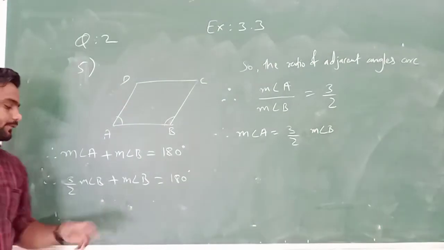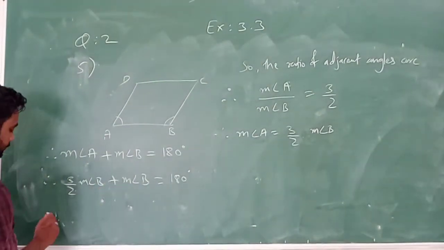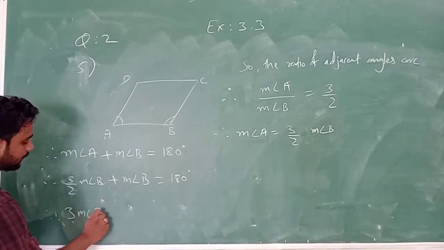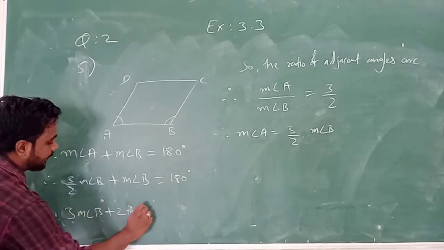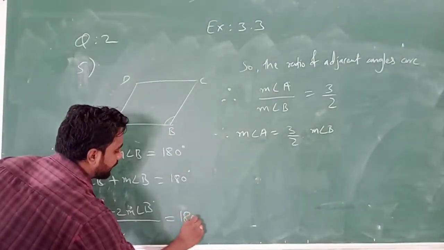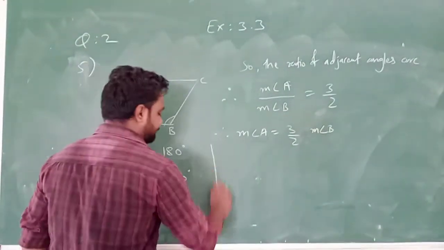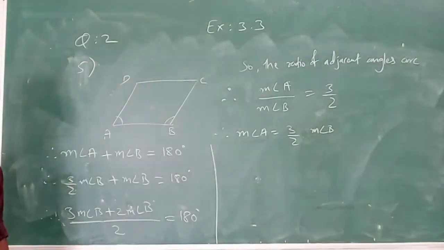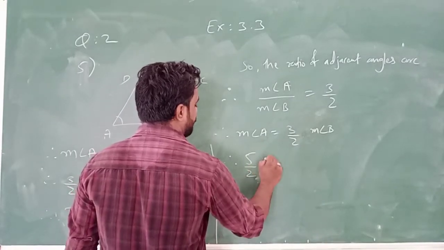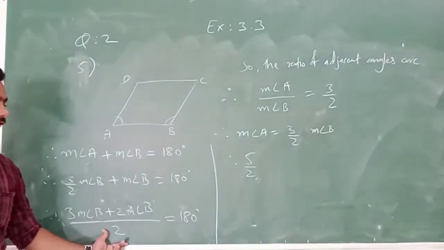You can use any method. So 2 ones are 2. Therefore 3 measure angle B plus 2 measure angle B upon 2 is equal to 180 degrees. Now proceeding further, 3 plus 2 is equal to 5.